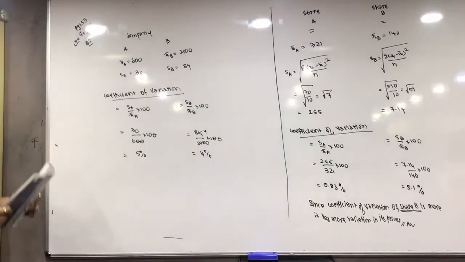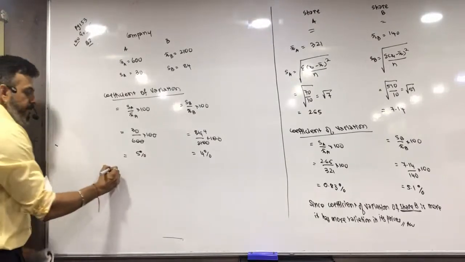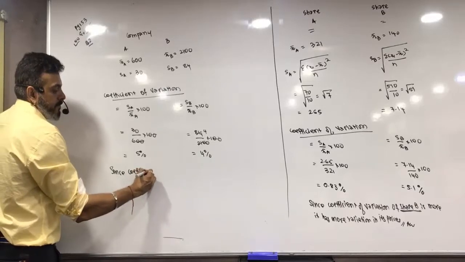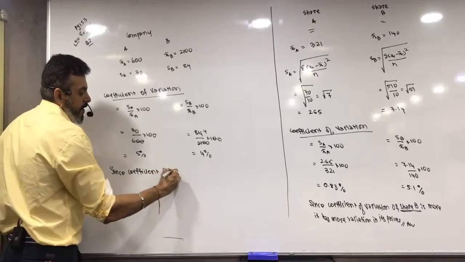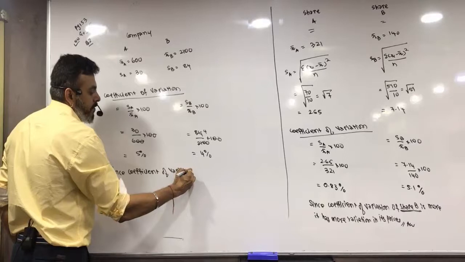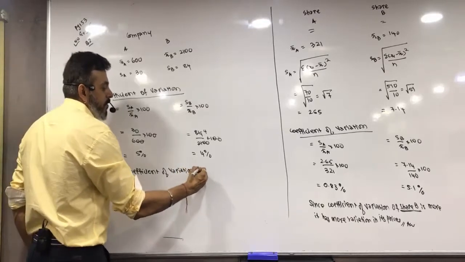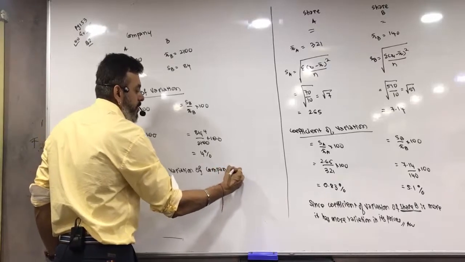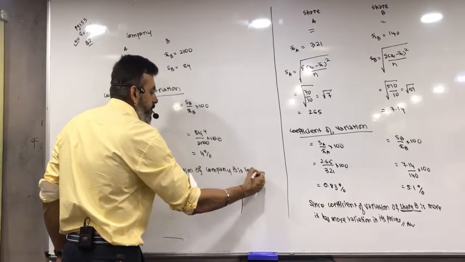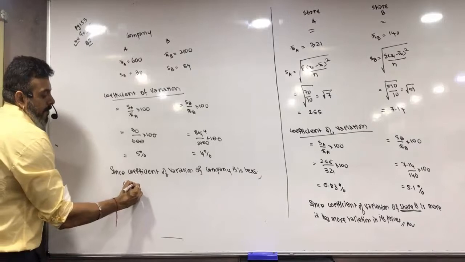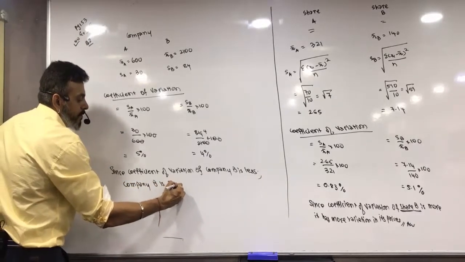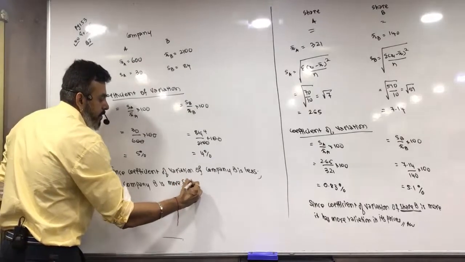Who is more stable, A or B? B. Since the coefficient of variation of company B is less, company B is more stable.